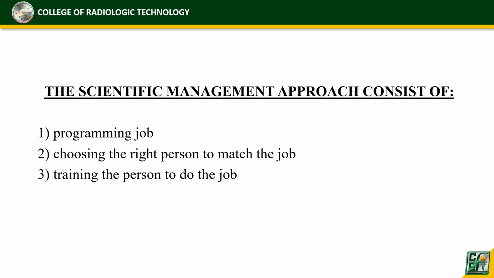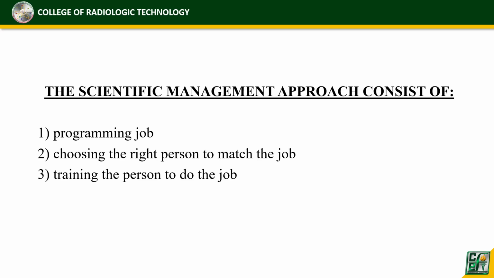At bibigyan niya ng proper training para magampanan ng tama at efficiently yung trabaho na QA/QC officer. Bakit kailangan pa i-training? Kasi kung hindi mo siya i-training, baka mali-mali yung kanyang gagawin, sablay yung kanyang gagawin.